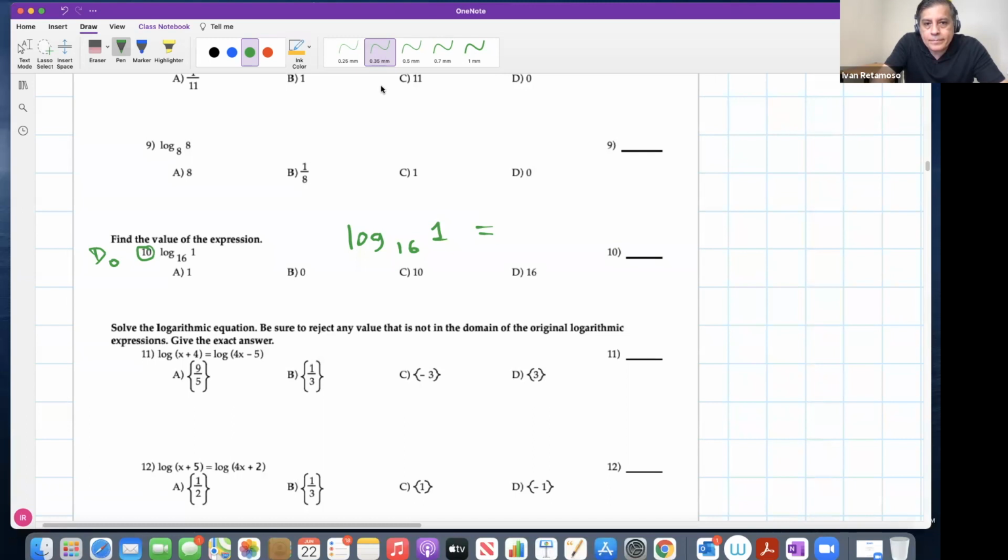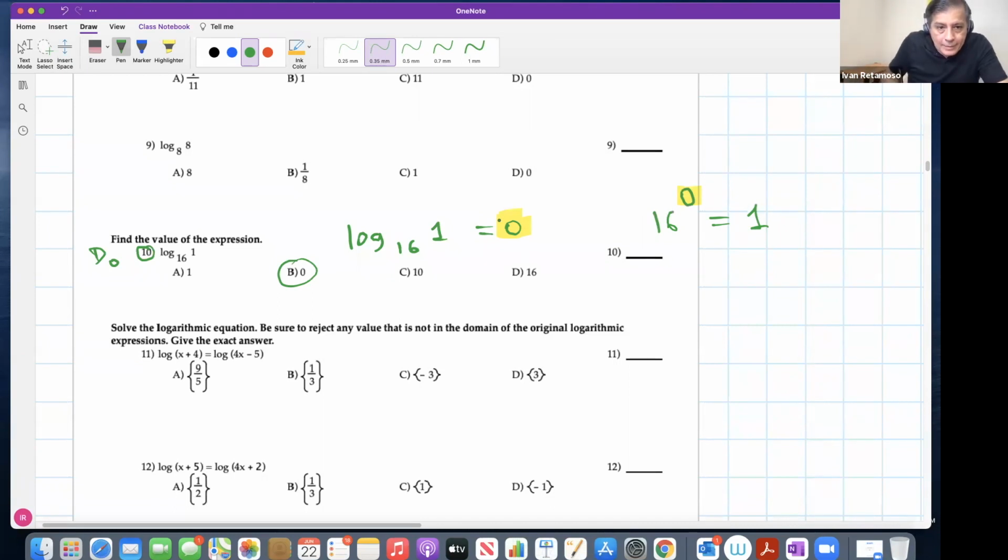Remember the log is just the exponent you are supposed to place on top of the number 16 to get the number 1. It is known that 16 raised to 0 is 1. So it goes here. It's a property: log of the number 1 in any base is 0. Very good, excellent.